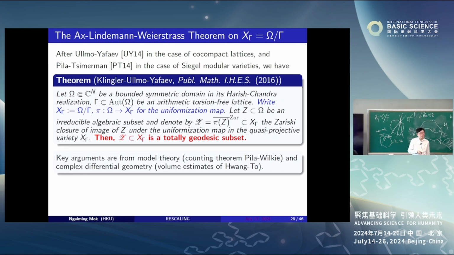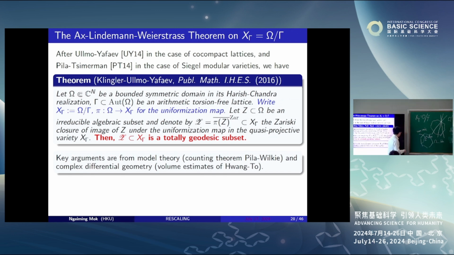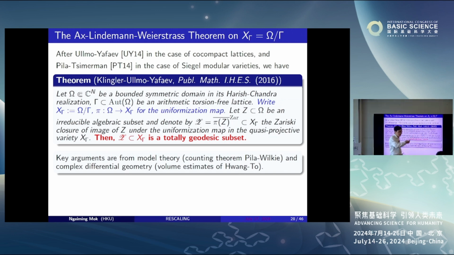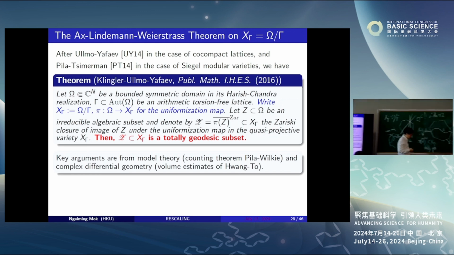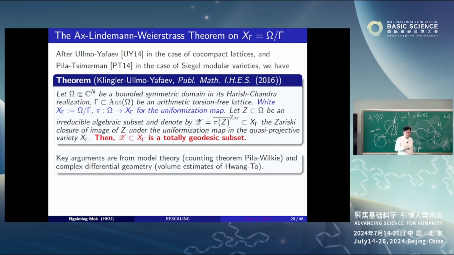Then one can make use of some results due to Pila and Wilkie in getting bounds on algebraic or rational points on R^n with a given a priori bound on height, unless you have some subvariety which is algebraic, and this subvariety can contain an infinite number of such rational points. So this is basically the setup, and this has a precedent in works of Bombieri and Pila, which is of the nature of Diophantine estimates.